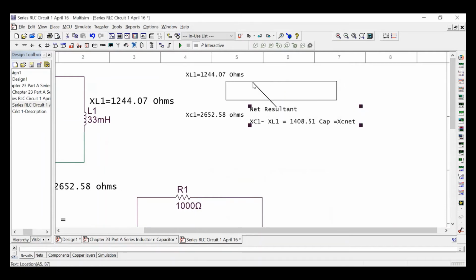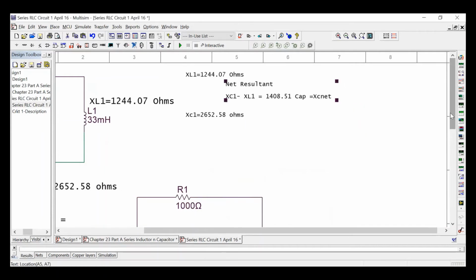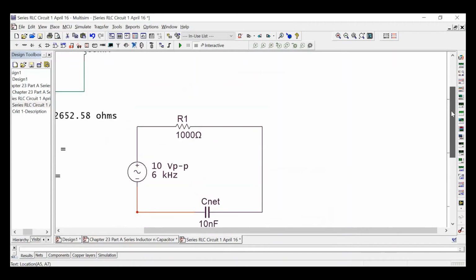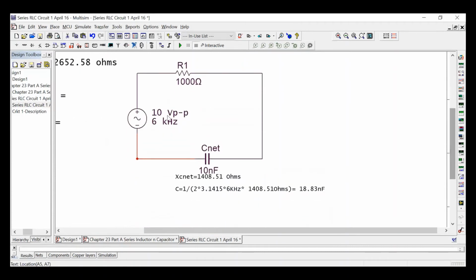Okay, so basically I have these two. There's my net resultant. I take this, and this comes to be X sub C net, which means it's a capacitive circuit. That means it looks like this down here, okay? Mm-hmm. So what I did is, I wanted to know the value of this capacitor. I already know it's X sub C, capacitive reactance. It came out to be 14.085 ohms.